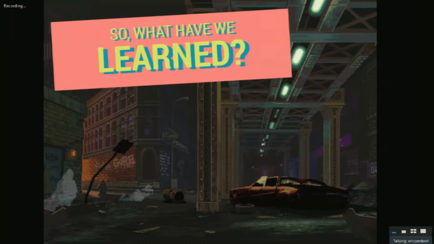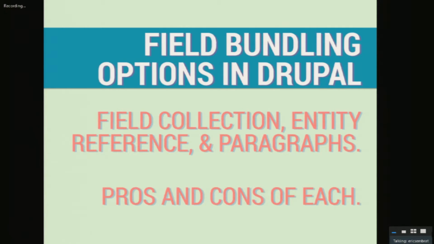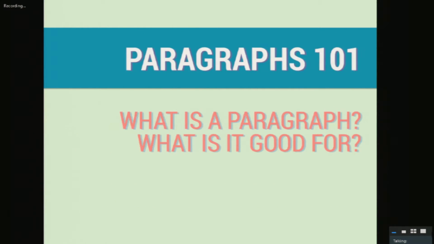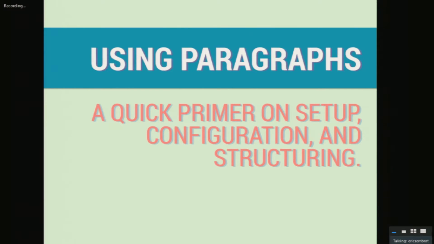As a quick primer, this is what we've gone through today. I covered what field bundling options exist in Drupal, and what it did historically: your field collection, entity reference, paragraphs, and the pros and cons of each, and how they work and how they don't work. Then we went into Paragraphs 101. What is it good for? What is a paragraph? How do we use it? And then a very quick primer on paragraphs, which I'll go over after I complete these slides.